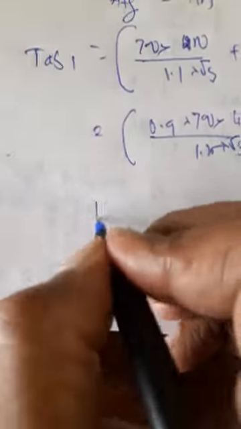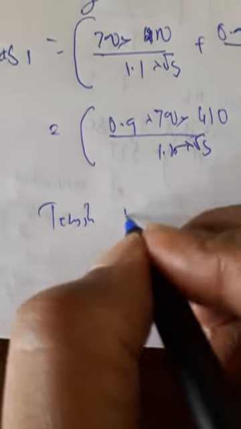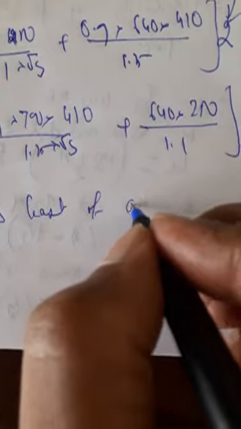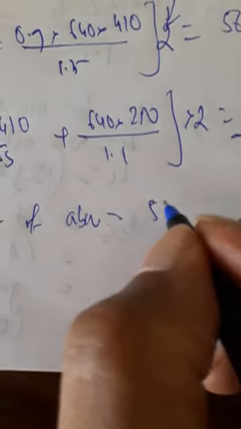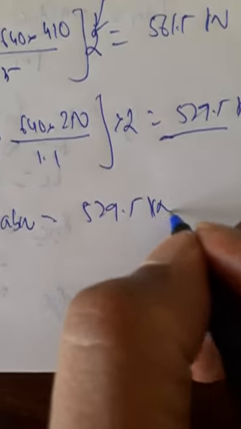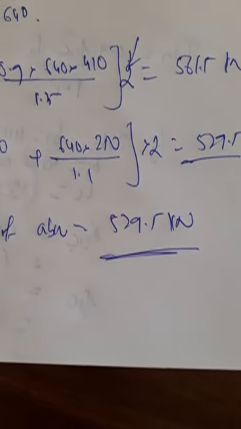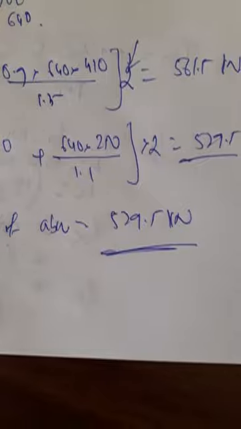So I have the two values here. Now tensile strength is least of above, and I have the answer 529.5 kilonewtons. So this is the tensile strength of the double angles connected by weld. This completes the problem. Thank you.